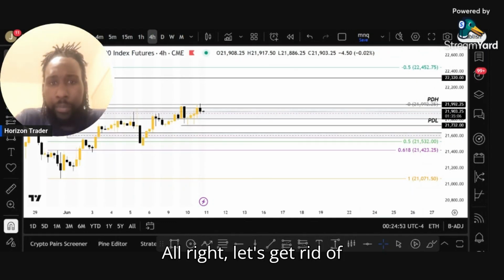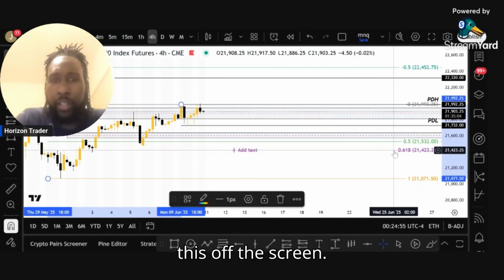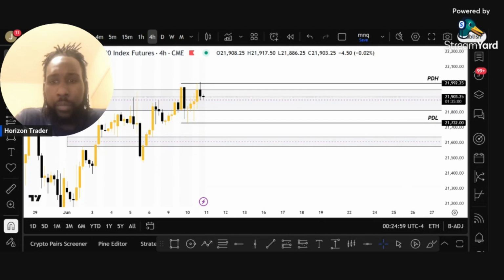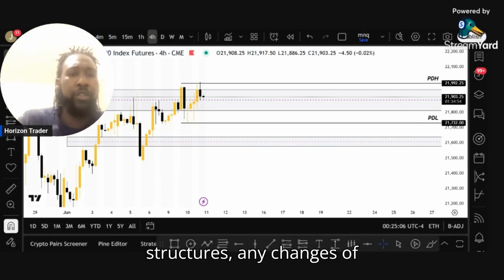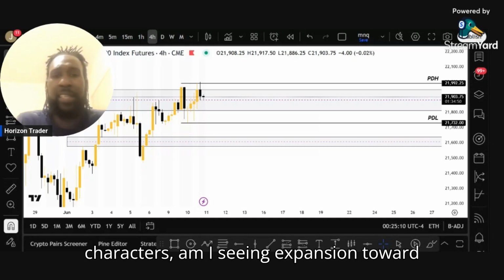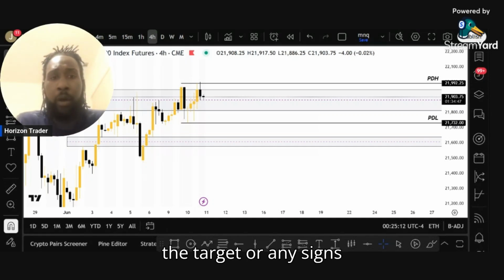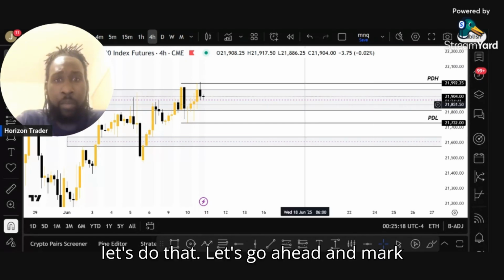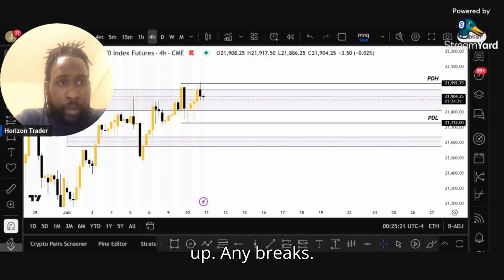All right. So let's get rid of this. It's off the screen. So now I'm looking for any breaks of structure, any changes of character. Am I seeing expansion toward the target or any signs that the market might reverse? So let's go ahead and mark up any breaks.